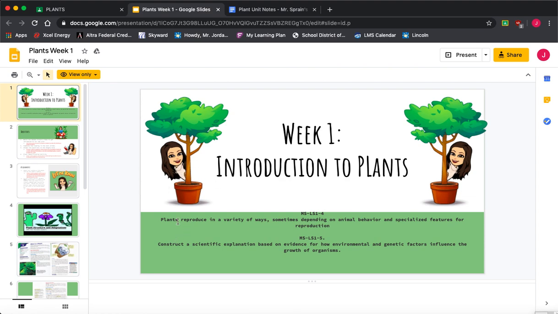We're going to talk about some of the key features of plants. Looking down here, talking about how plants can reproduce in a variety of ways, sometimes depending on animal behavior and specialized features for reproduction. The other thing that we'll do is construct a scientific explanation based on evidence for how environmental and genetic factors influence the growth of organisms.